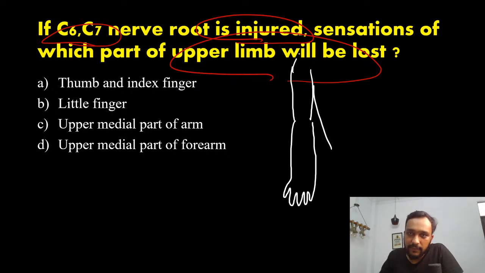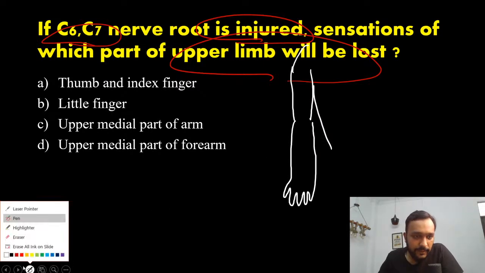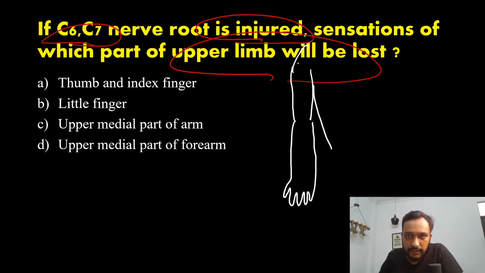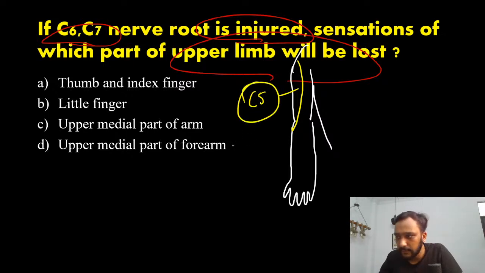So guys, if we have a look at this upper limb, the lateral aspect is supplied by the C5 dermatome. Very good. Then the thumb and the lateral aspect of the forearm will be supplied by the C6 dermatome.